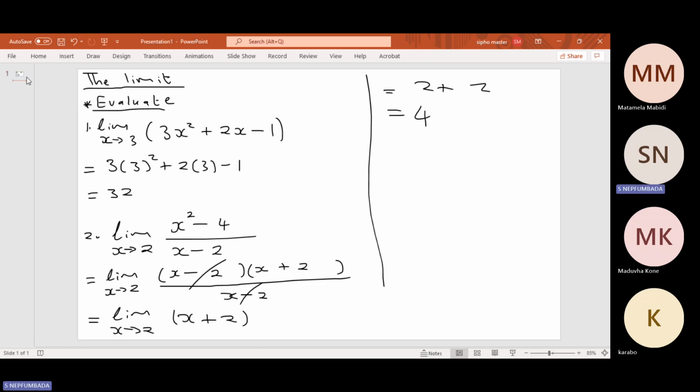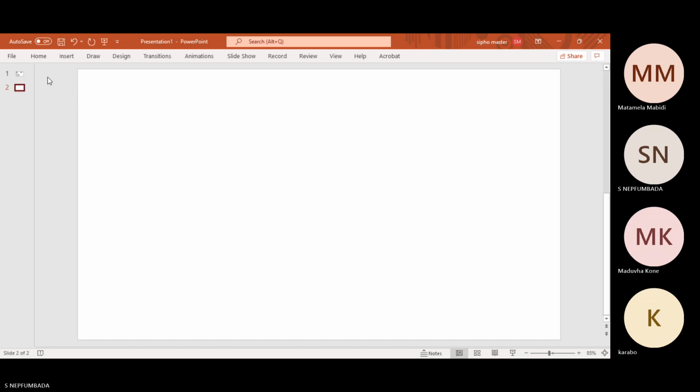So now, again, let's say we have got a limit of x approaching 5, of x to the power of 3 minus 125 divided by x minus 5.